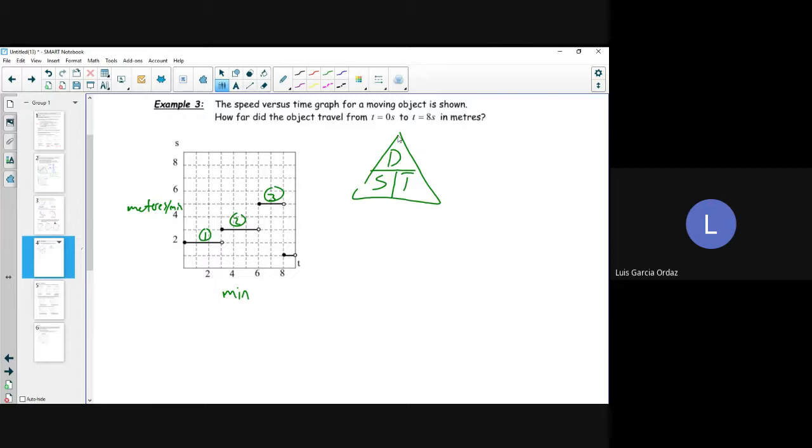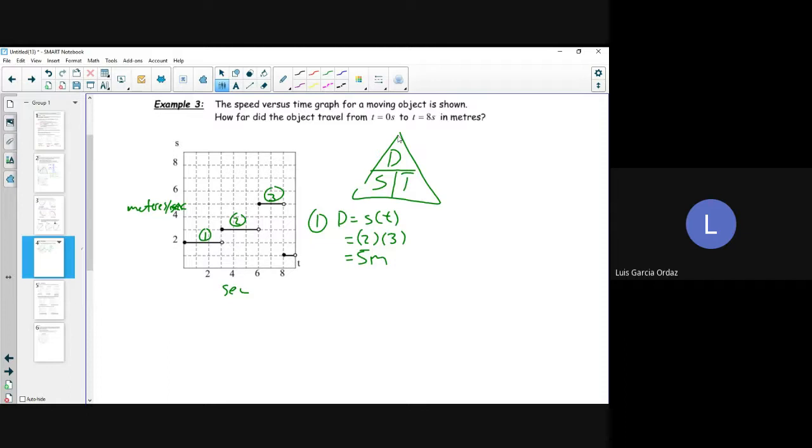So we're going to multiply the speed and the time. So for the first 3 minutes, they had a speed of 2 meters per second. Sorry, this should be seconds. So 2 meters per second, and they took 3 seconds, which means they went a distance of 5 meters.